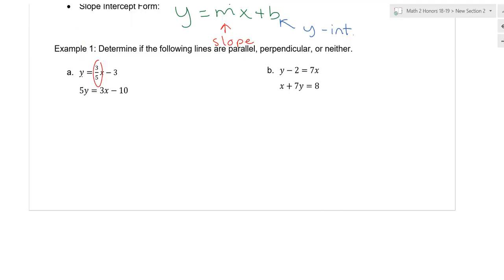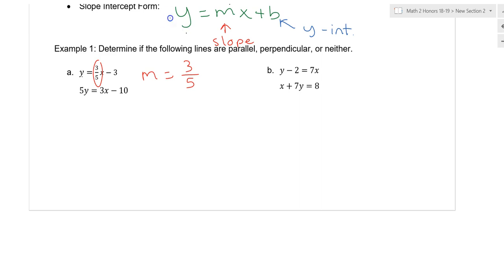It's whatever's in front of x. So my slope equals 3/5. And m is used for slope. So slope equals 3/5.